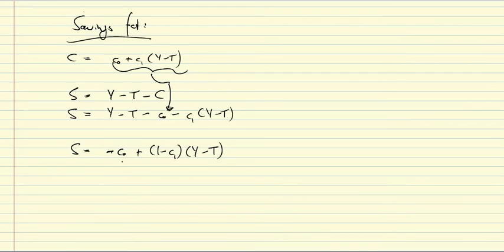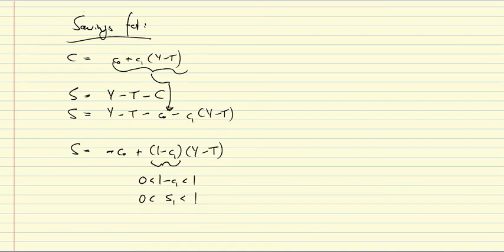So we have a negative intercept, the negative of C0. We have a positive slope, namely 1 minus the marginal propensity to consume, or in other words, since that is as well between 0 and 1, the marginal propensity to save.